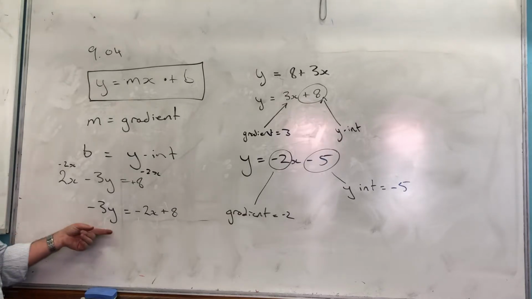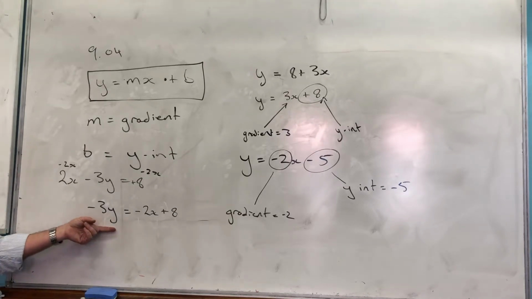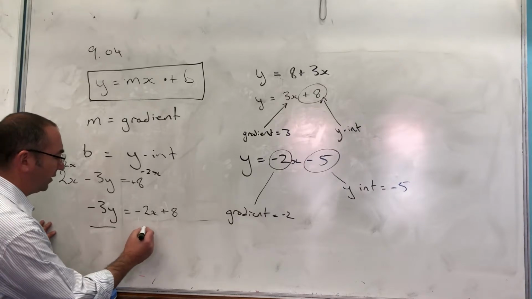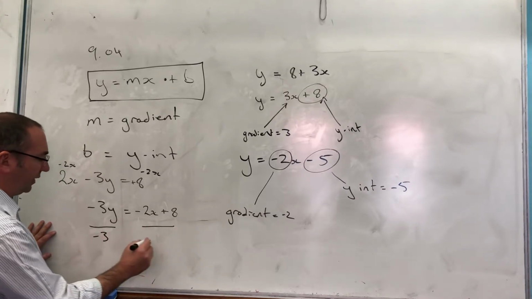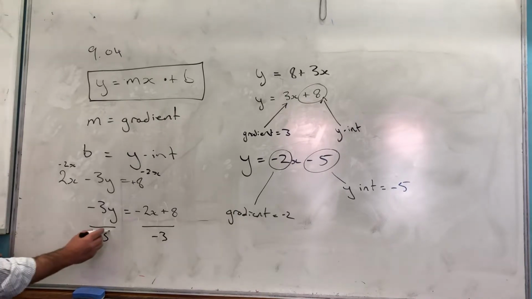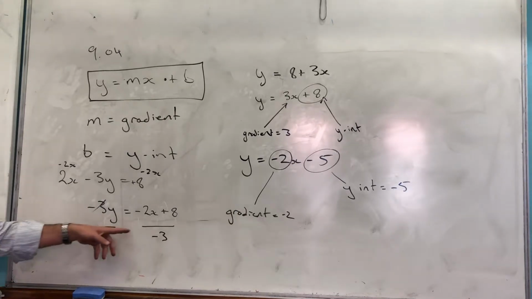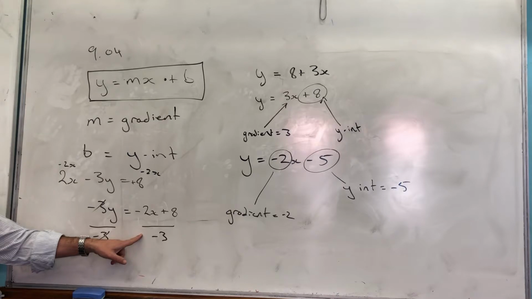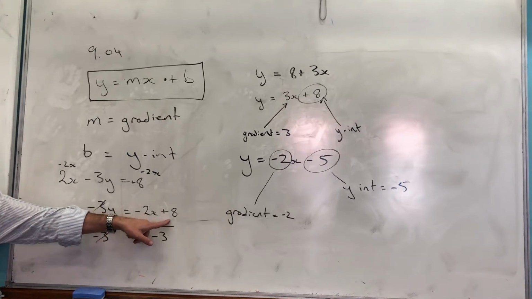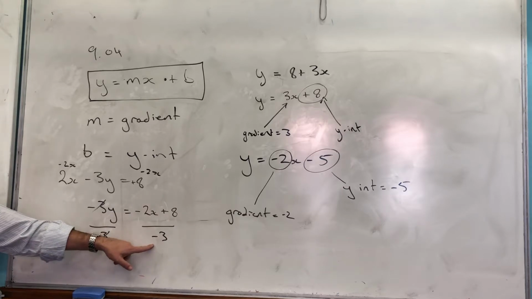Now I've got negative 3y, and I don't want negative 3y, I just want 1y. So I'm actually going to have to divide both sides by negative 3 to make y the subject by itself. So that will cancel, but on this side I'm dividing the whole equation by negative 3.